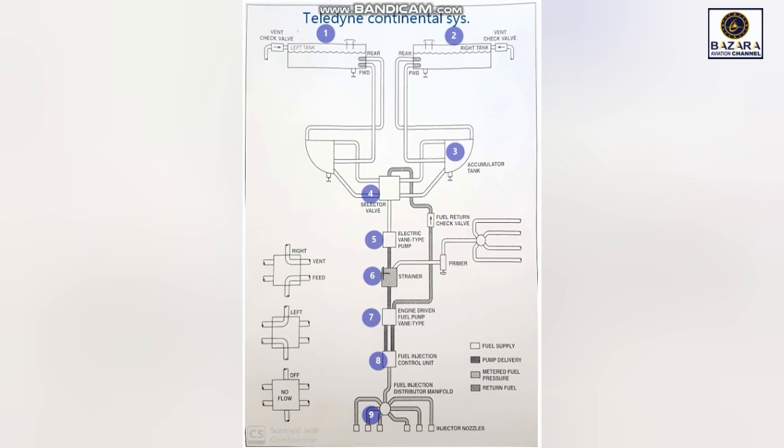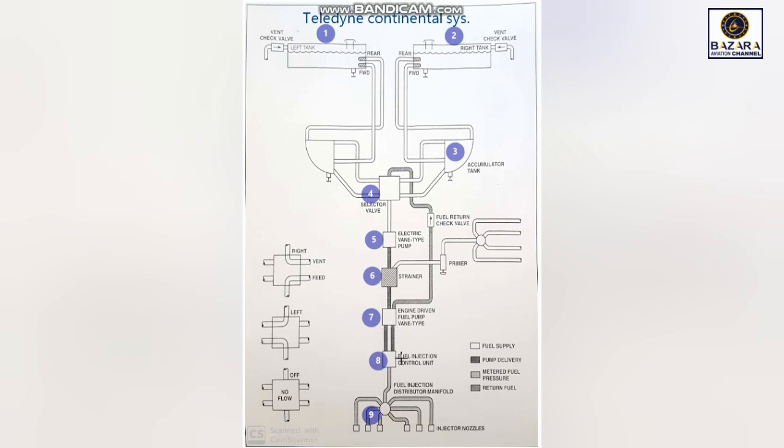When the fuel arrives at the strainer, after it is filtered, it will go to the engine driven pump. The engine driven pump will deliver the fuel to the fuel injection control unit, where the fuel that is needed for the engine operation will go to the fuel injection distributor, and after that it will go to each cylinder.